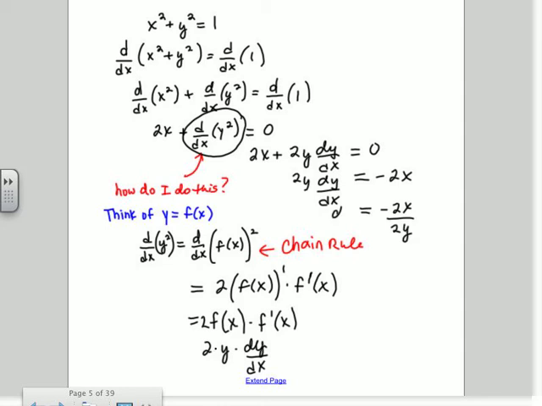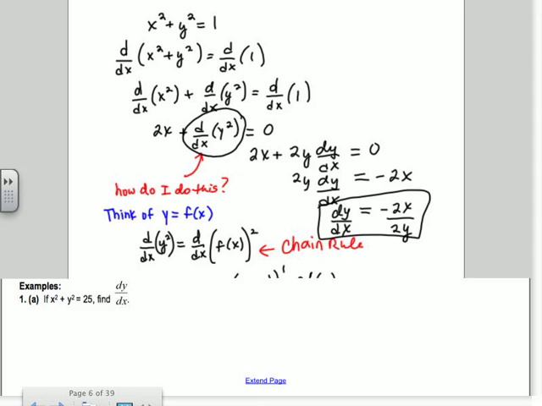So you get negative 2x over 2y. We're going to have derivatives that have y in them in the end, which is going to look really strange to you. But all right, so that's going to be my final derivative. So dy over dx equals negative 2x over 2y.